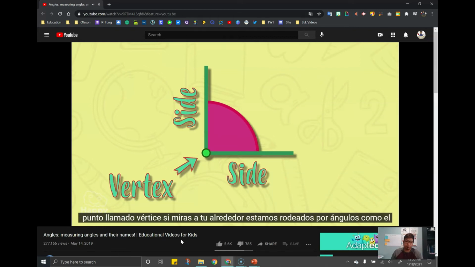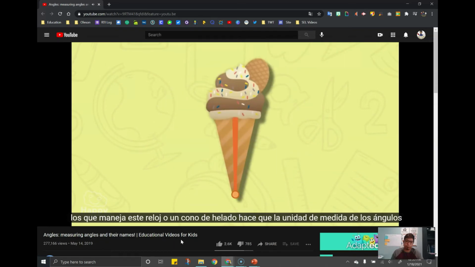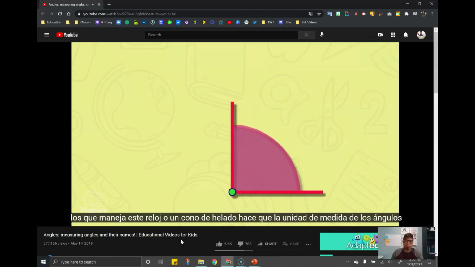If you look around, we are surrounded by angles, like the ones this clock hands make, or an ice cream cone makes. The unit of measure of the angles is the degree.